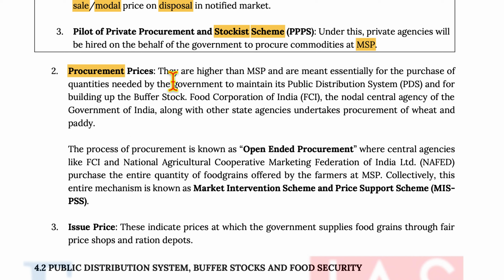Now, procurement prices, they are higher than MSP and are meant essentially for the purchase of quantities needed by the government to maintain its PDS and for building a buffer stock. Now, FCI, the nodal central agency of Government of India, along with other state agencies, undertake procurement of wheat and paddy.